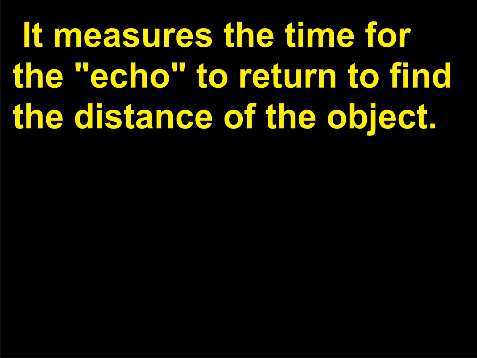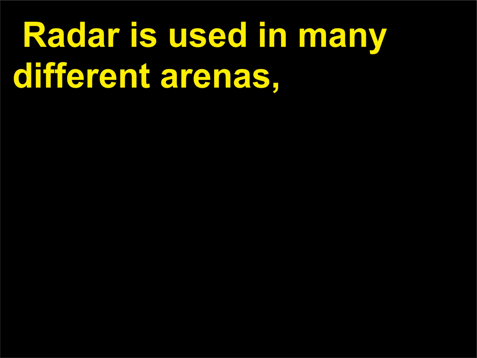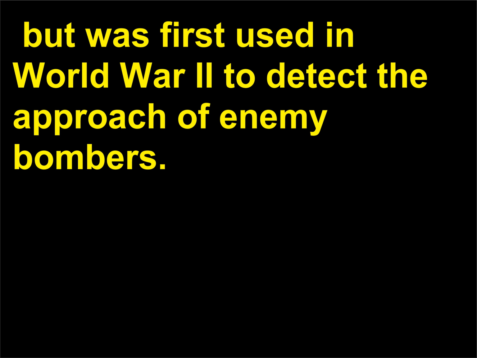It measures the time for the echo to return to find the distance of the object. The radar dish is constantly rotating, permitting it to find the direction of the object as well. Radar is used in many different arenas, but was first used in World War II to detect the approach of enemy bombers.